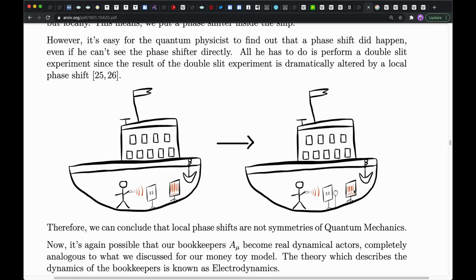So basically it's not a symmetry because by having that mechanism, the phase shifter here, the result will change. Yep. And he says that those bookkeepers are not real dynamical actors.